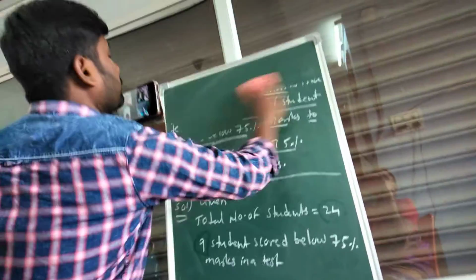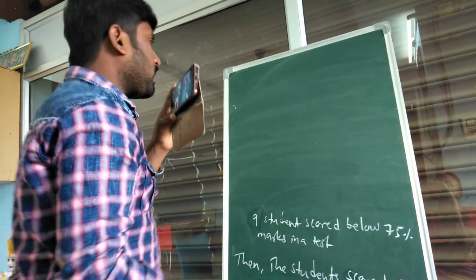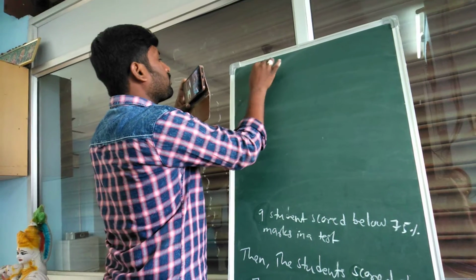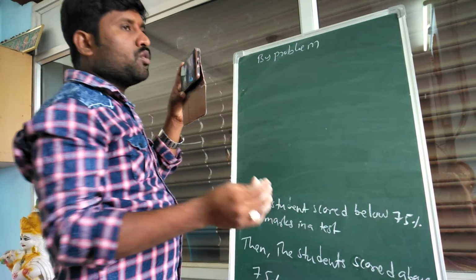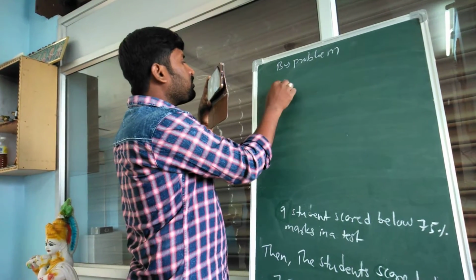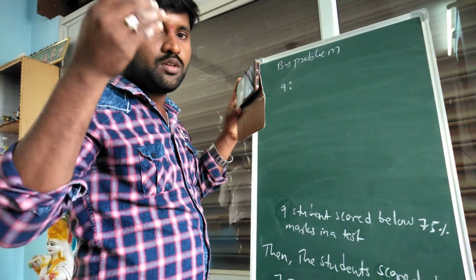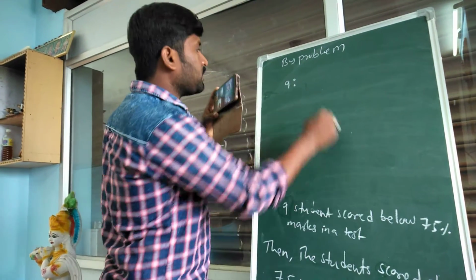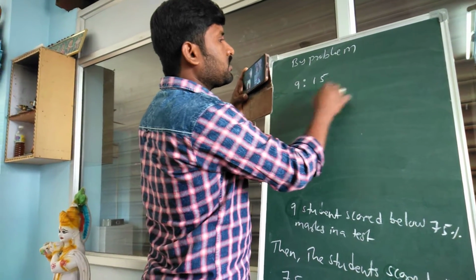Now by the problem, who got below 75% marks? There are 9 members. Next, who got marks above 75%? There are 15 members. Okay, what is the HCF of these two numbers?